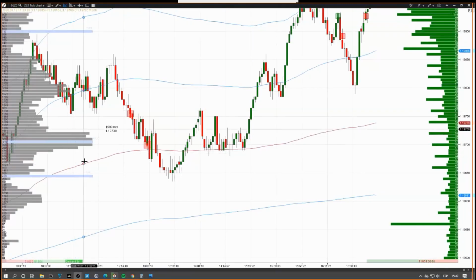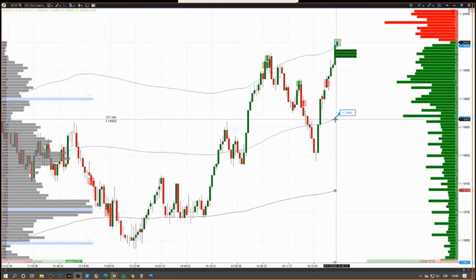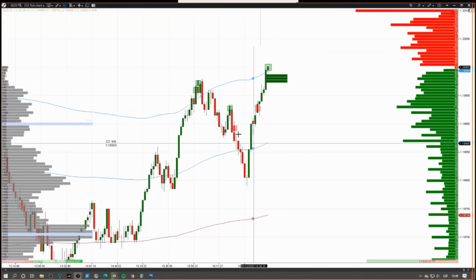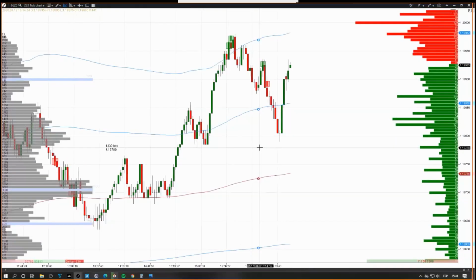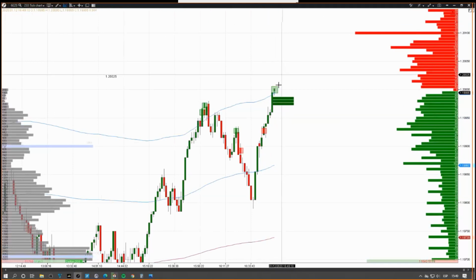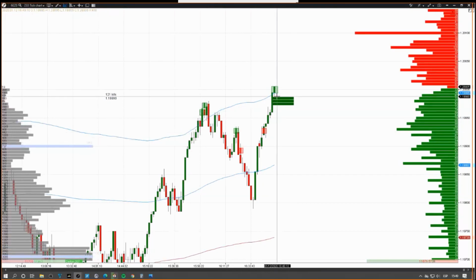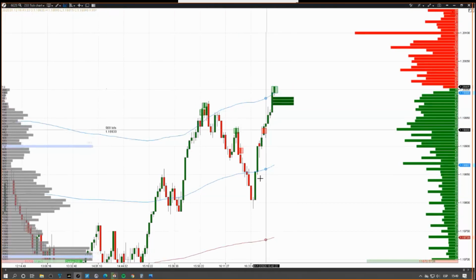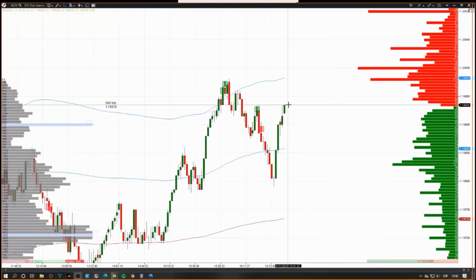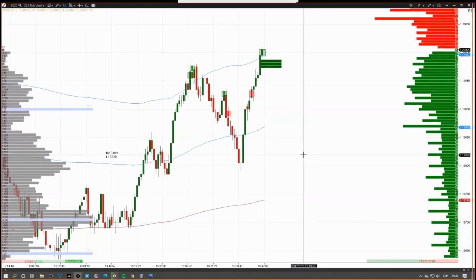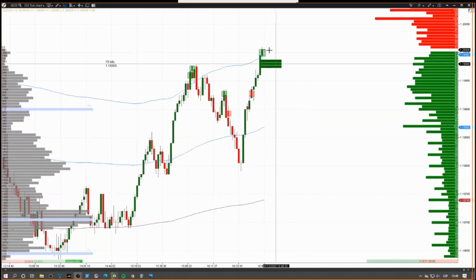Also, I will consider the deviations of this volume average, to see if there's still a chance to get in without high risk. For example, right now I won't enter a trade here because it's getting outside of the value area high and also outside of the second deviation of the volume average. That means there's a lot of chance that the price might retrace back here, so I won't enter at this moment.